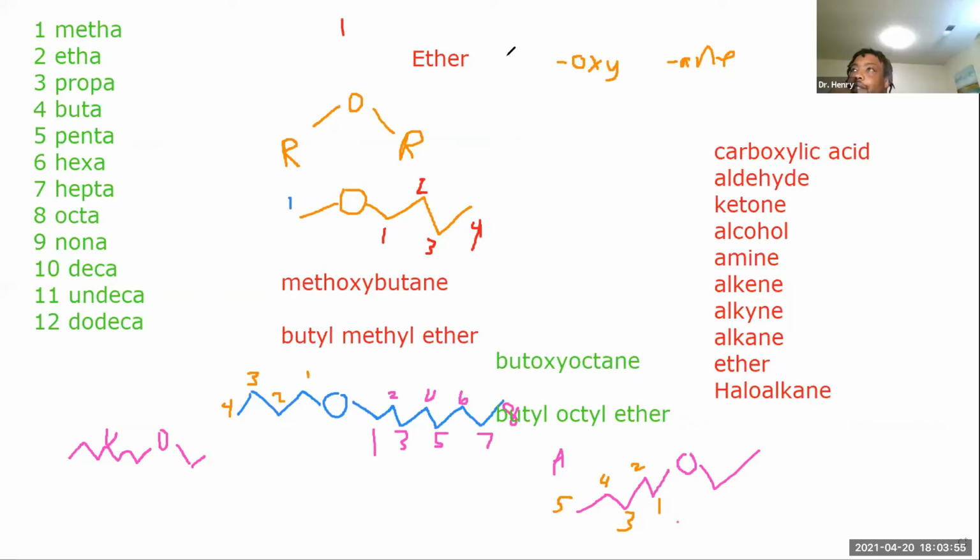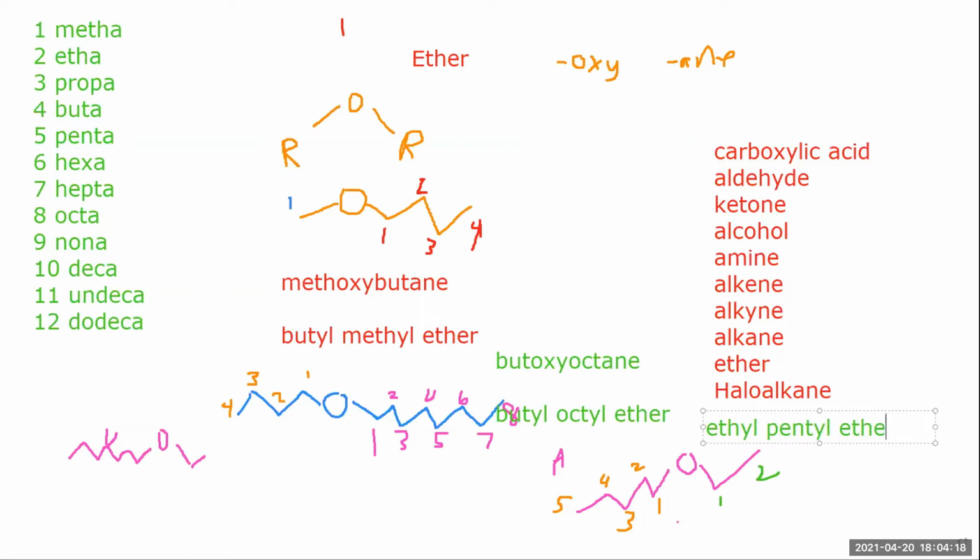Okay, is it ethyl pentyl ether? 2 on the other side. So we have ethyl, pentyl, ether. Mm-hmm. Okay, that is correct.